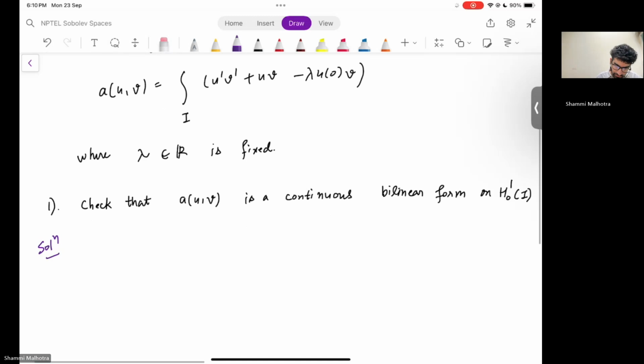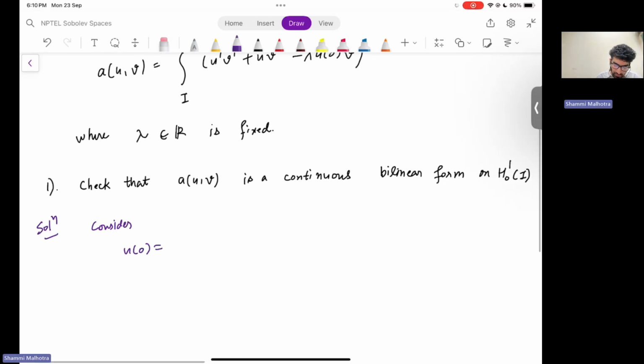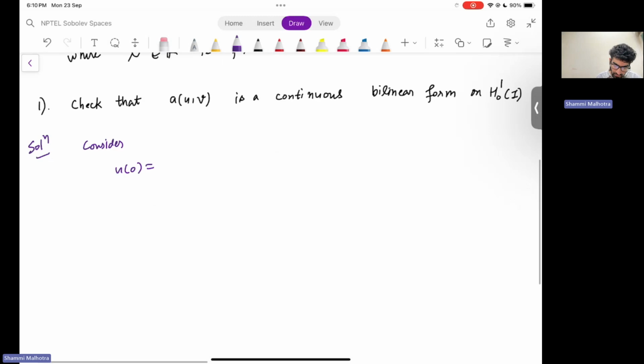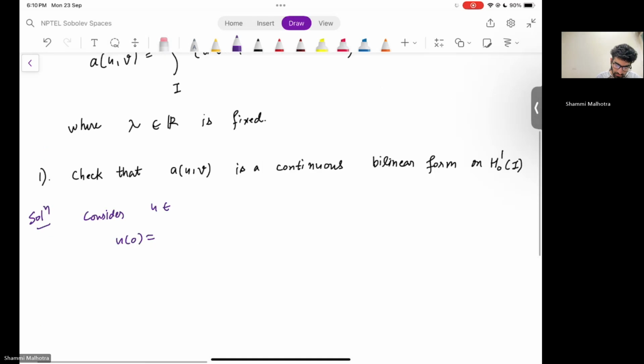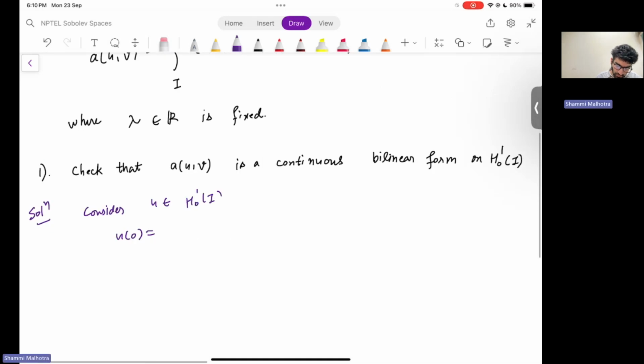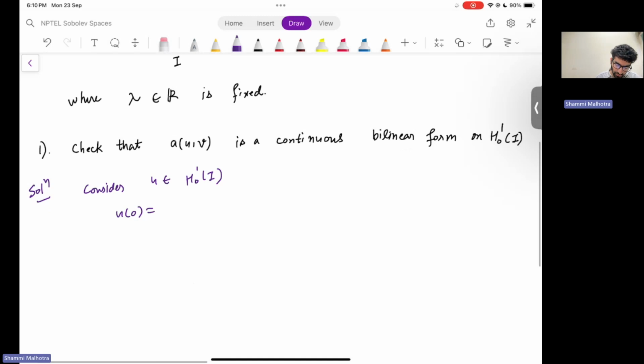So let's consider u(0). Since u belongs to H_0^1(I), and I is (-1, 1), u(0) can be written as u(0) minus u(-1), and this whole can be written as the integral from -1 to 0 of u'(t) dt. This u'(t) is the derivative with respect to the continuous representative.